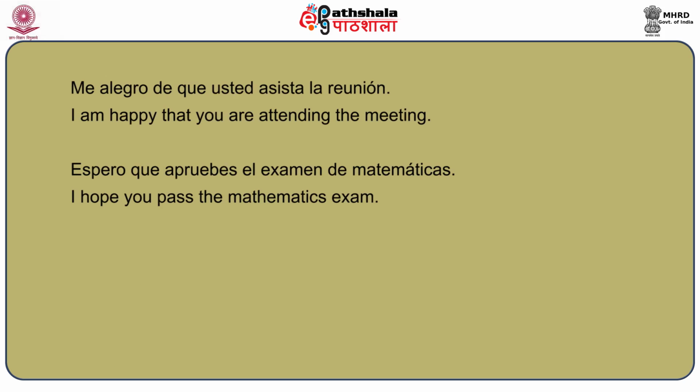Sample sentences are: Me alegro de que usted asista la reunión. I am happy that you are attending the meeting. Espero que apruebes el examen de matemáticas. I hope you pass the mathematics exam.